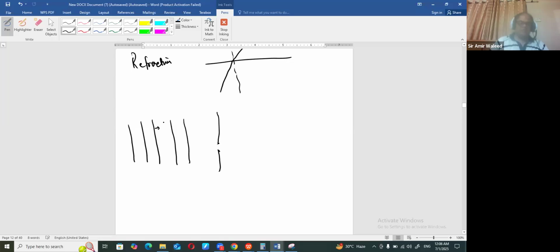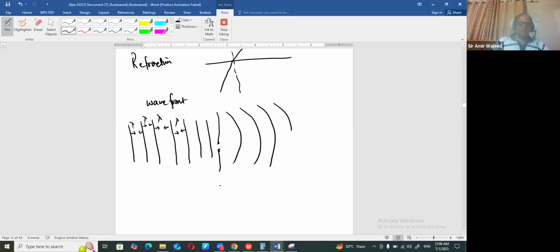The distance is called the wavelength, considered as lambda. This is what we call a wave front. When the wave front passes through this small opening, it spreads out. So the spreading out of the wave through the small aperture opening is called diffraction.